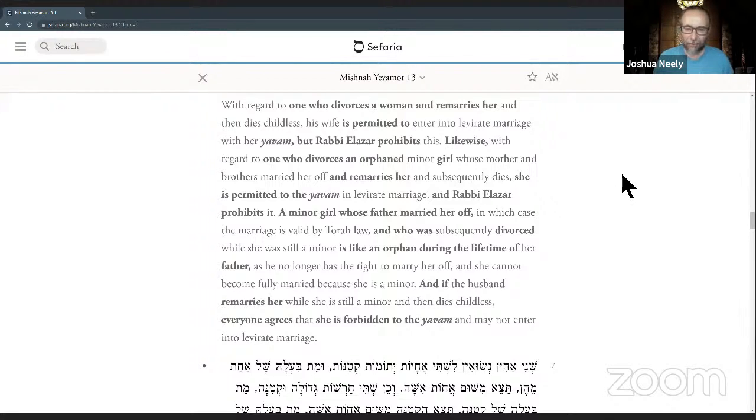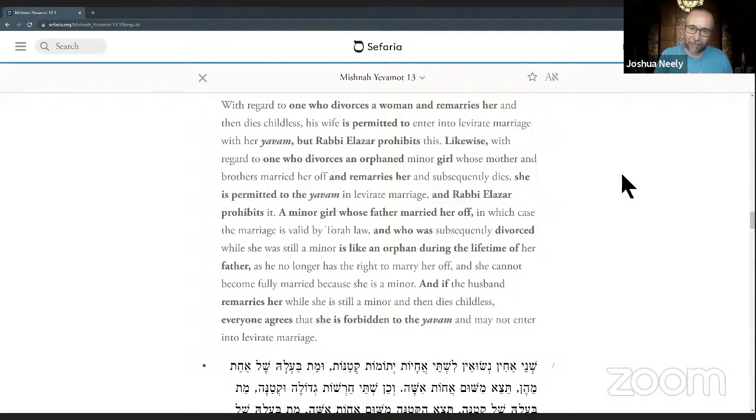So in that third case, because of her becoming fully independent while still a minor, because she was divorced as a minor from the first arranged marriage that was done by her father, that means that she does not have enough binding power as a minor to make the legal commitment for a new marriage.